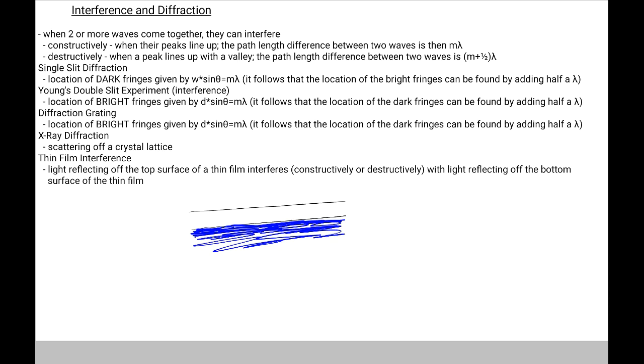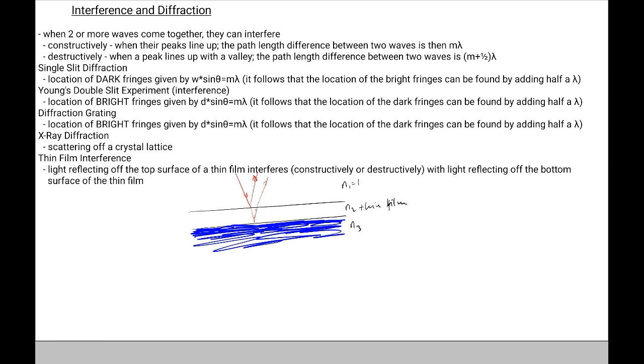Let's say that we have air up here, so n1 equals 1 for air. Then we have an index of refraction n2 for the thin film, and then some other material n3. So a beam of light strikes the top surface of the thin film and it reflects. Then it passes through, refracts through the thin film, reflects here, and then refracts again.